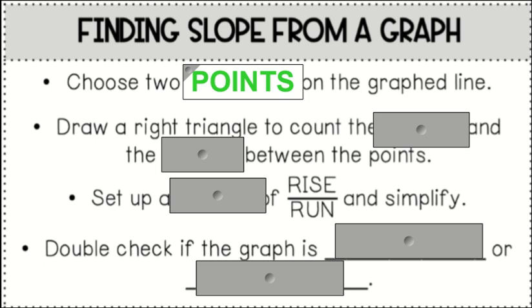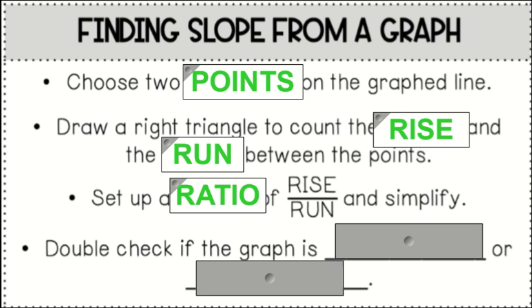For right now, we're just going to write it down. We draw a right triangle to count the rise and run. Basically, we're going to make stairs on the graph, okay? We set up a ratio of rise over run and simplify. That's where this sometimes gets a little trickier, we do need to simplify on these.